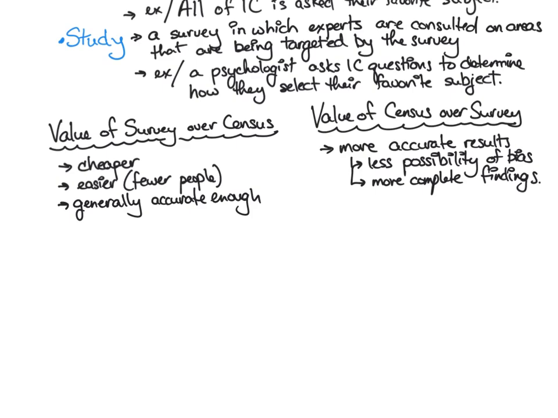There's always a possibility of bias in that certain people wouldn't answer or whatever, and you can correct for that. But asking the whole population allows you to limit the amount of bias that can be found in only picking some people. You also just get more complete findings. With the sheer number of results you get, you have a smaller degree of possibility to make a mistake.